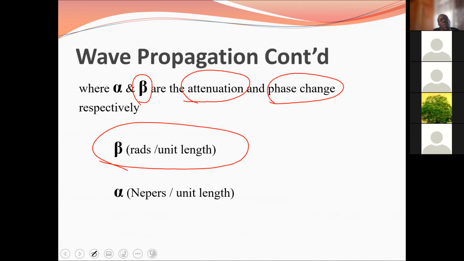Alpha, of course, in nepers per unit length. But for our purposes, we're going to make the assumption that our line is lossless. In other words, there's no attenuation.